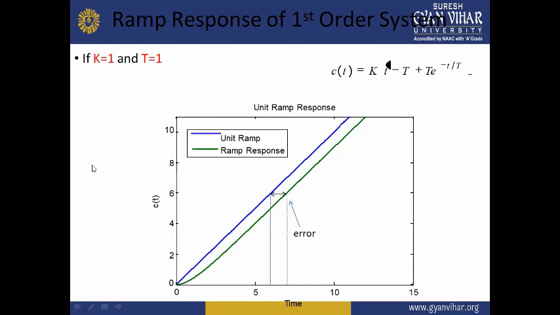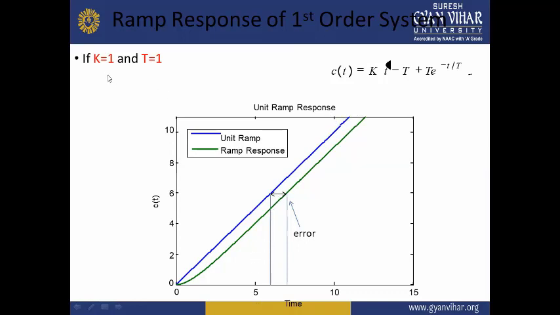The unit ramp is the one in which K is a constant equal to 1. This was your input, the unit ramp, and this was the response to the ramp input.